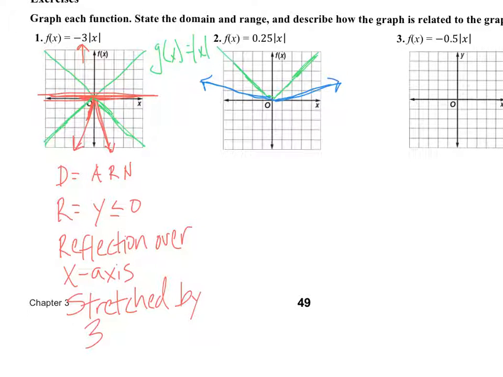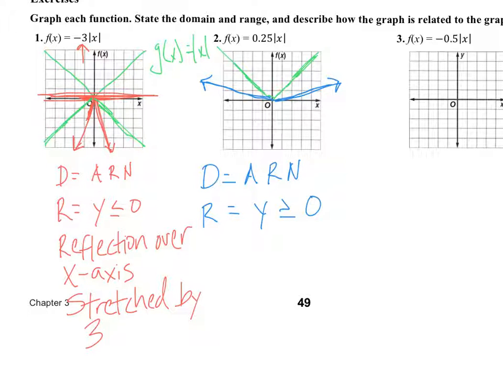So you could make an x and y table, pick a couple numbers, and you're going to be just fine, okay? But let's use some technology. Let's be smart. Domain, all real numbers. All right, range, y values greater than or equal to the number 0.